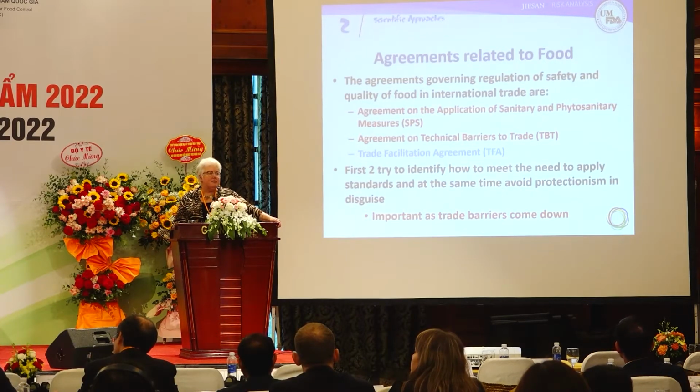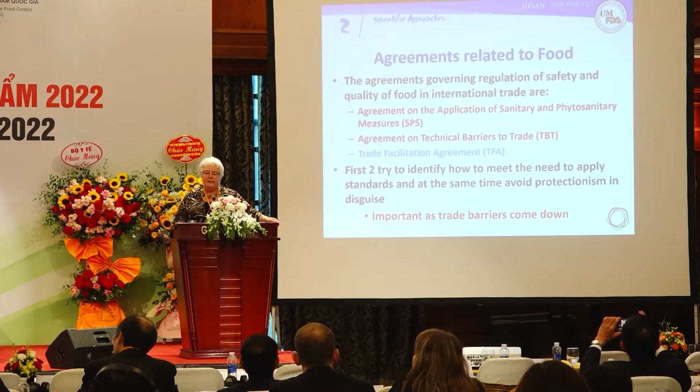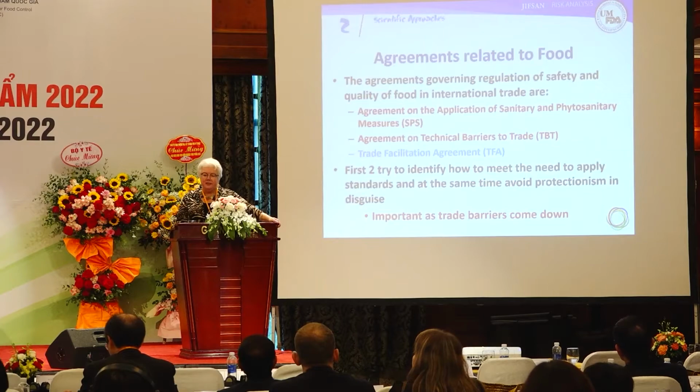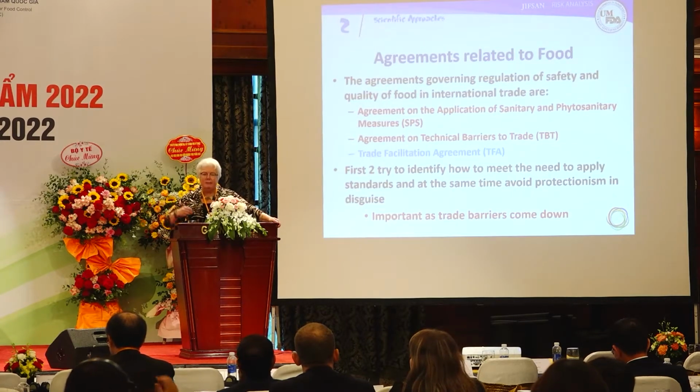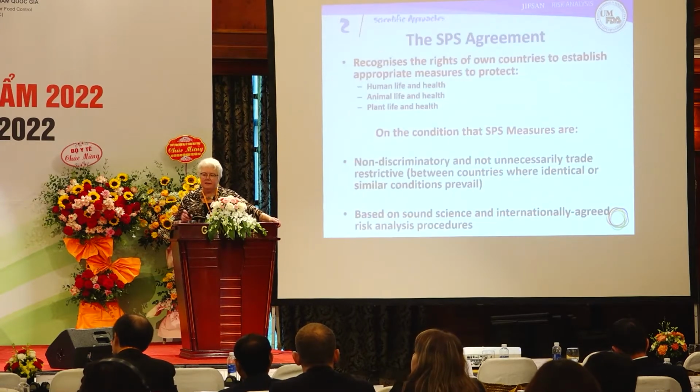These really try to identify ways you could apply standards at the same time avoid protectionist measures. And they became really important as those trade barriers started coming down. Countries are really concerned there may be these disguised barriers.